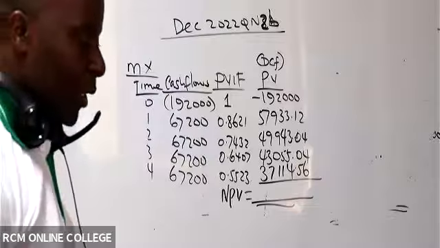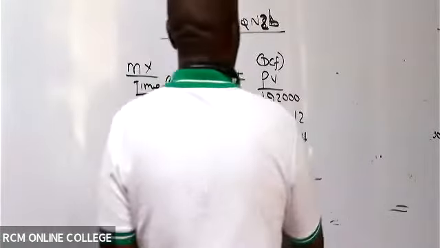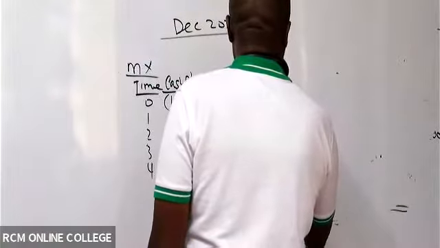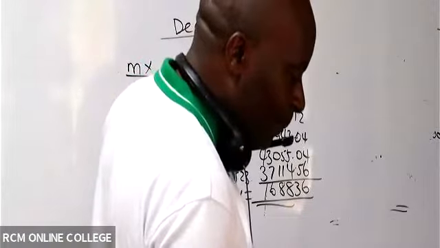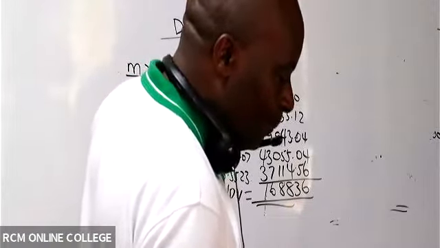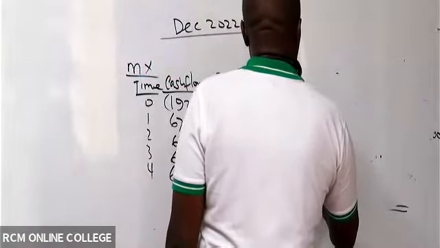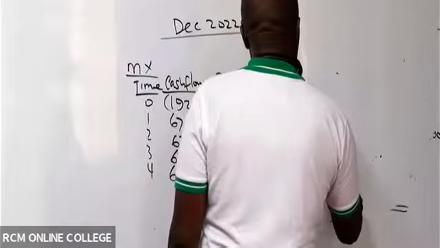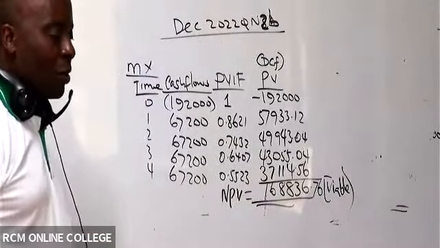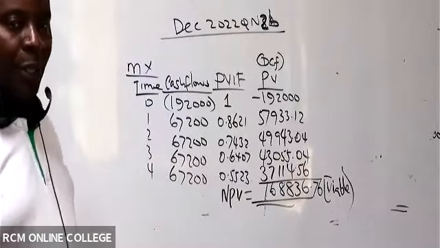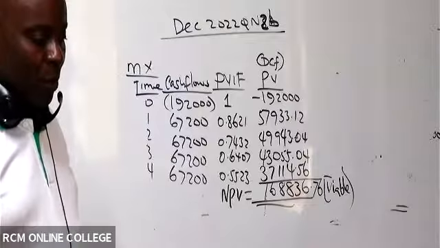So according to Chep Coril again, 168,836.76. So even if we'll be doing comparisons later, so long as you get a positive NPV, simply put in brackets viable. That can give you a mark, which can make you see places that you've never seen before. So this is viable.